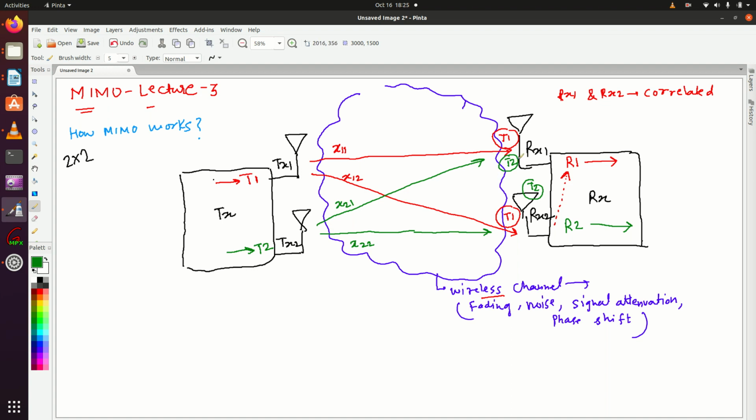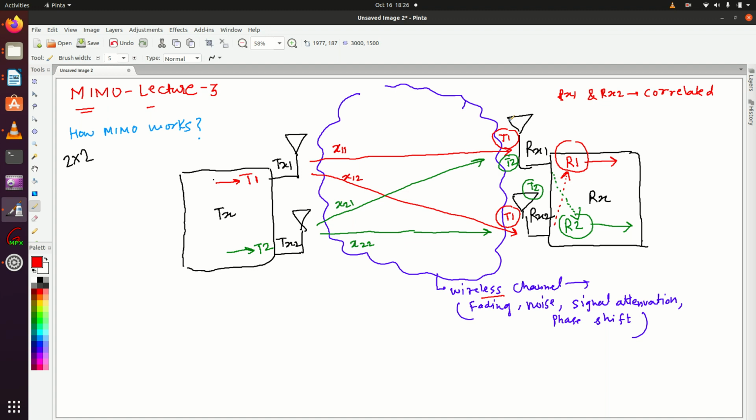But for RX1, T2 is of no use. So RX1 will forward this T2 to the RX2 antenna. So finally these antennas RX1 and RX2 will calculate signals R1 and R2.